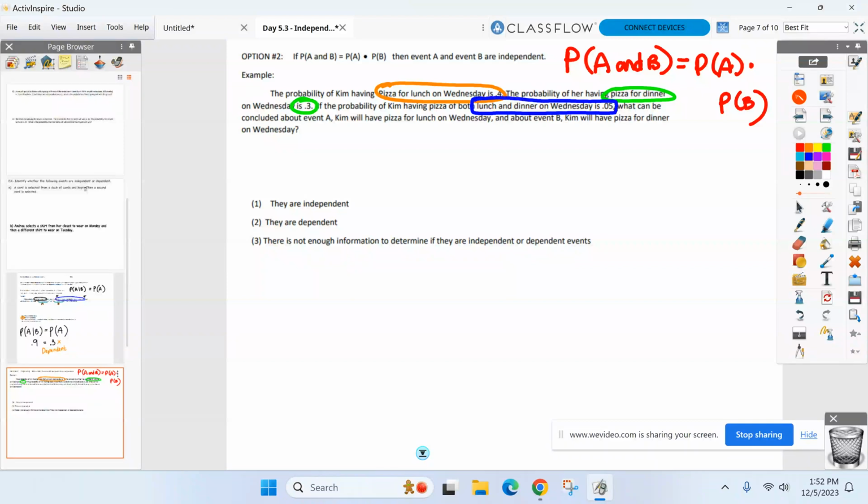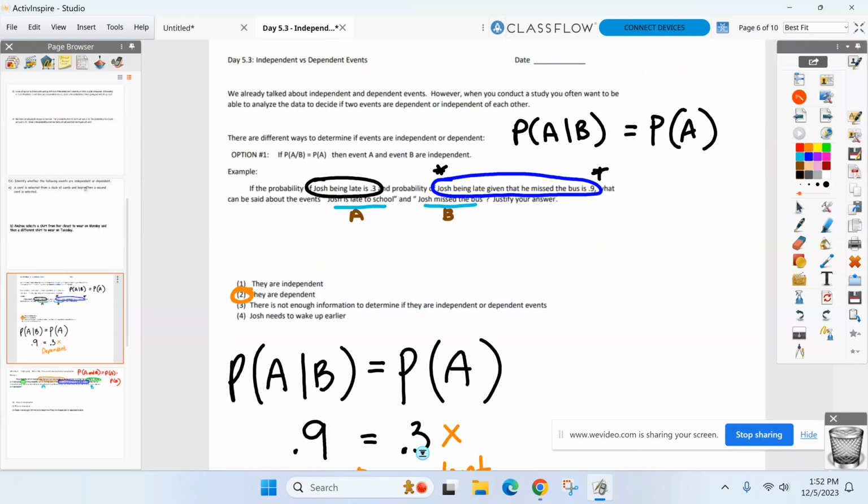So what can you tell me about Kim having pizza for lunch and Kim having pizza for dinner? Are they independent or dependent on each other? So again, let's keep with our A's and B's. Pizza for lunch, let's call that A. Pizza for dinner, let's call that B. Now, it might not be a good idea to use the formula I just showed you, the test we just did for the first one.